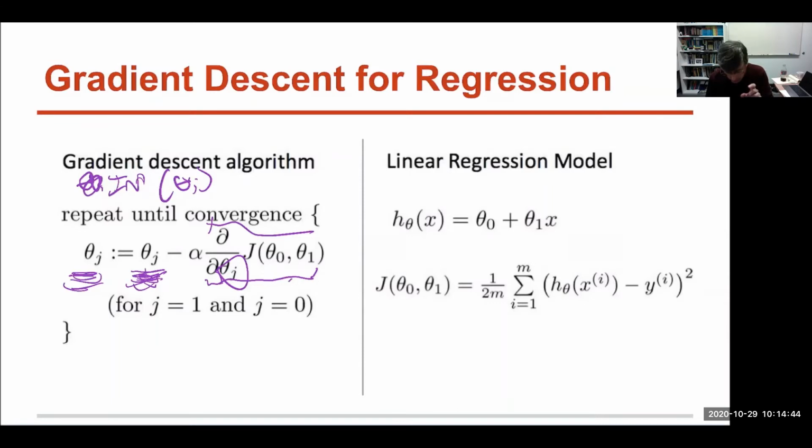It gives us a question of how flat it is in that direction. As we change this parameter a little in some direction, is it going to cause a big change in the error term or a little change? So this gives us a direction and a magnitude to go in.